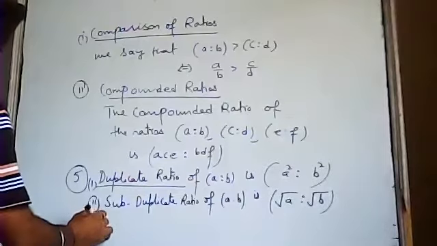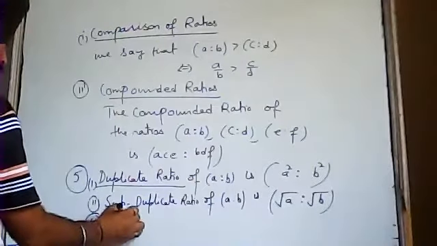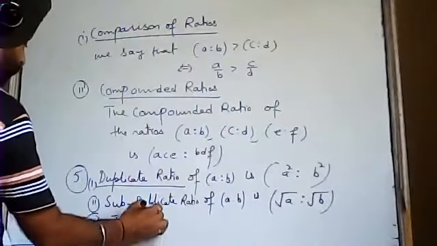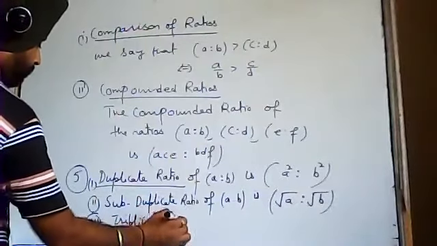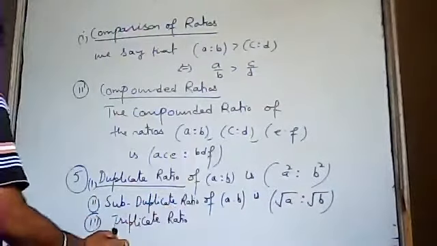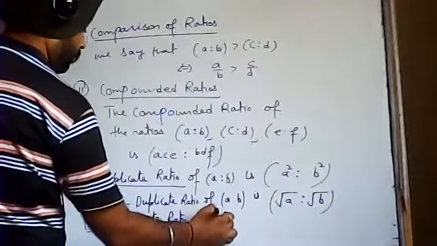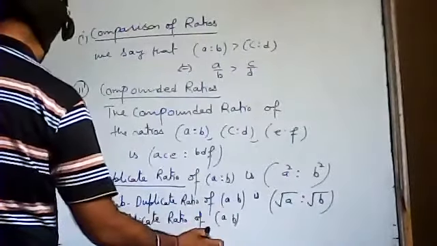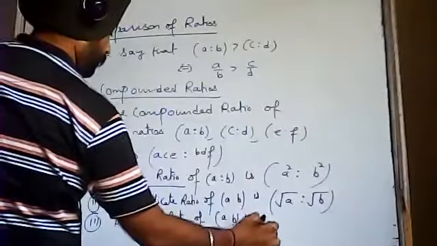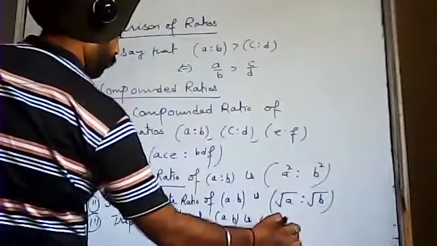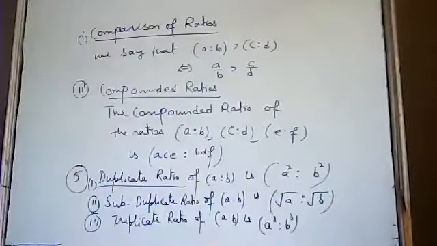Triplicate, third one, triplicate ratio of A is to B is A cube ratio B cube.